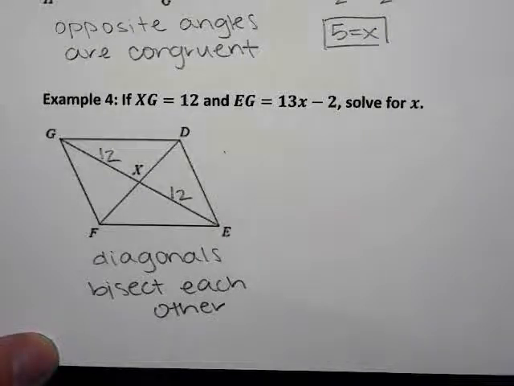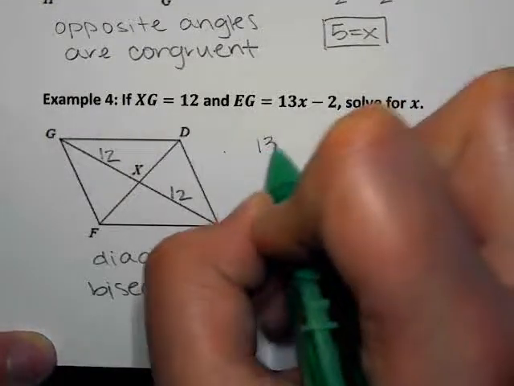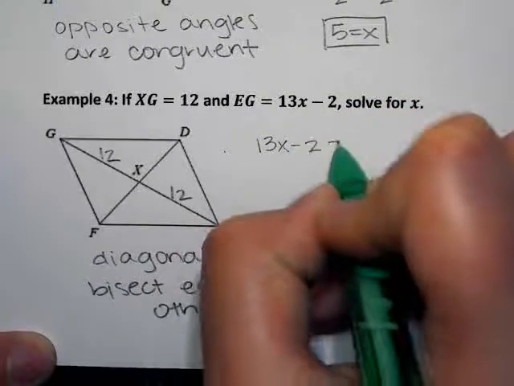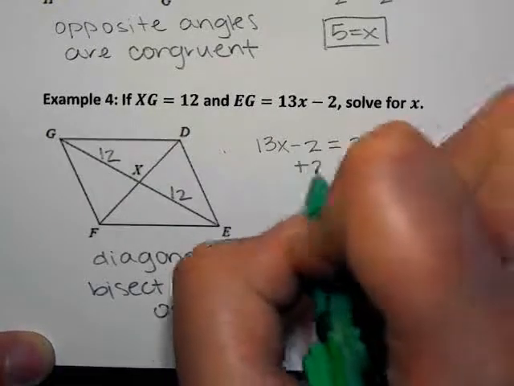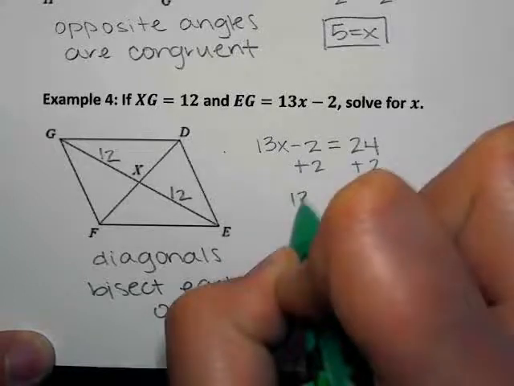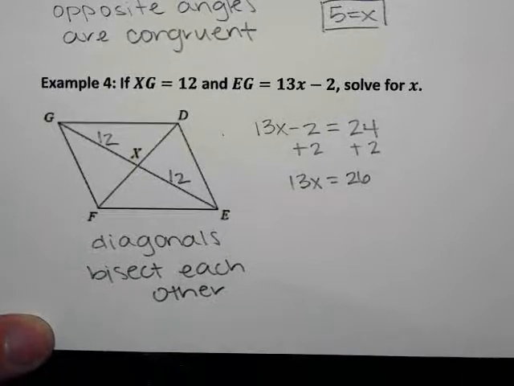So now I can go through and I can say 13x minus 2 equals what? 24. All right, so I'll add 2. 13x equals 26. And then I'll divide by 13.